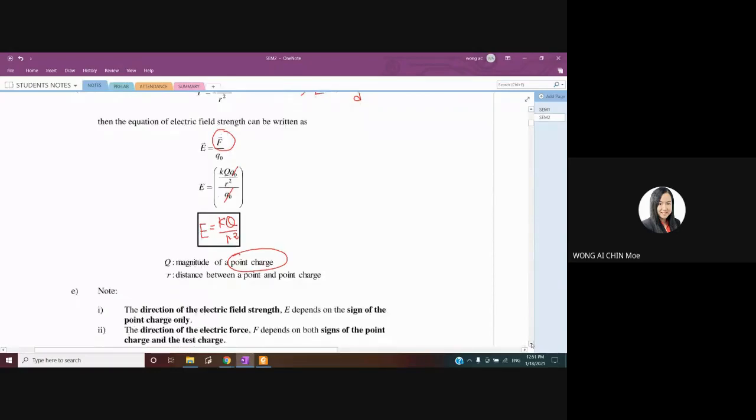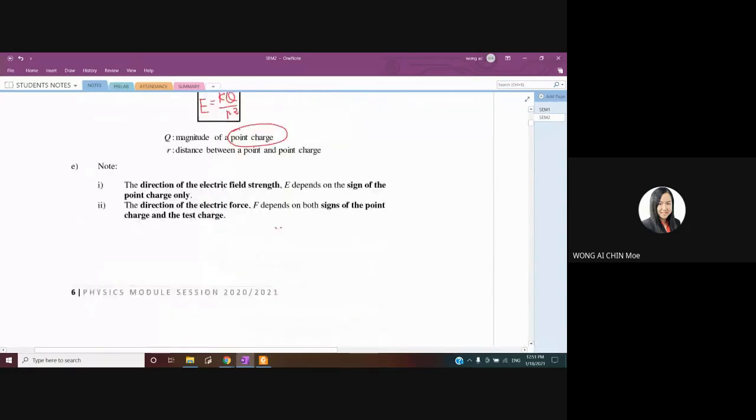Next, note that the direction of the electric field strength depends only on the sign of the point charge, because our E equals kQ, the point charge, over r squared. Whereas the force depends on both signs, because our force equals kQ1Q2 over r squared. So it depends on Q1 and also Q2, whether they are similar or opposite charges.